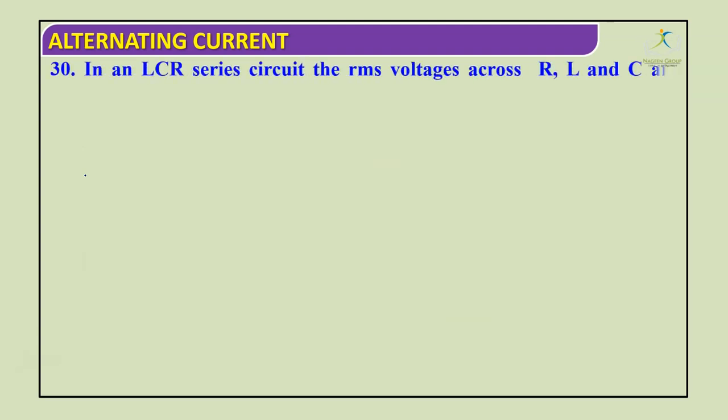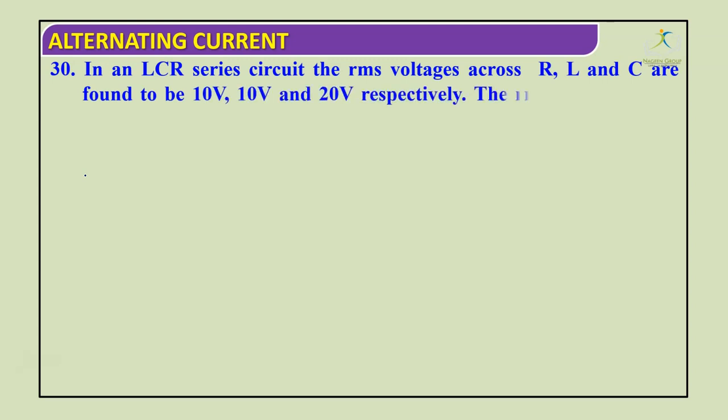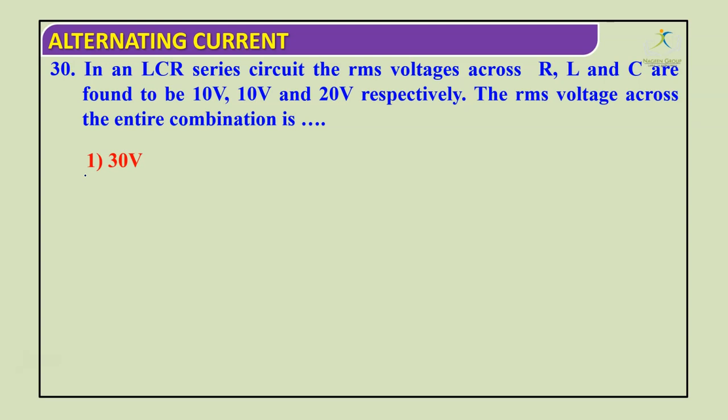Next question we have, in an LCR circuit, the RMS voltages across R, L and C are found to be 10 volt, 10 volt and 20 volt respectively. The RMS voltage across the entire combination is: 30 volt, 1 volt, 20 volt, 10 root 2 volt.